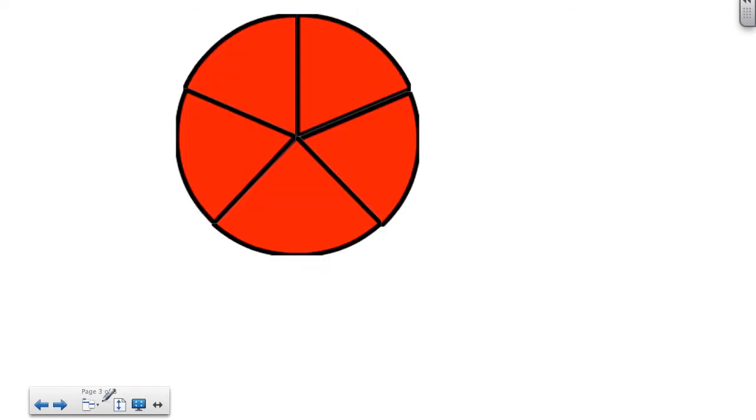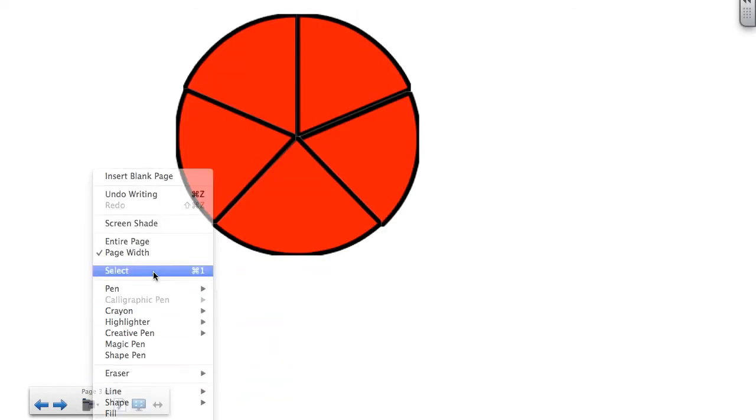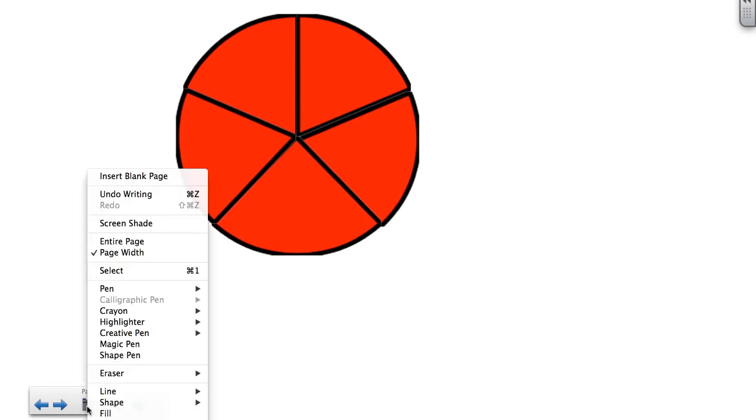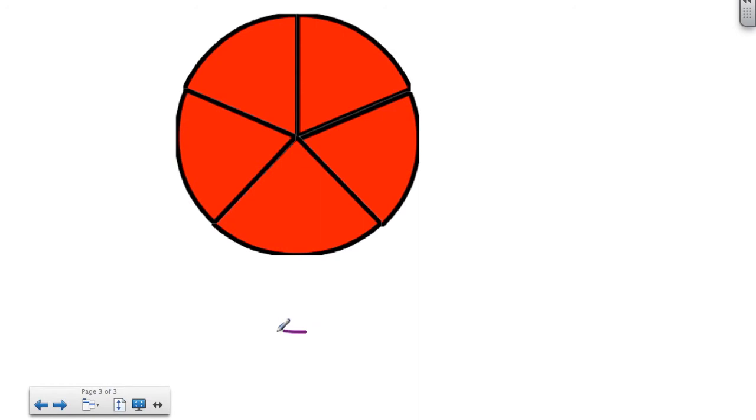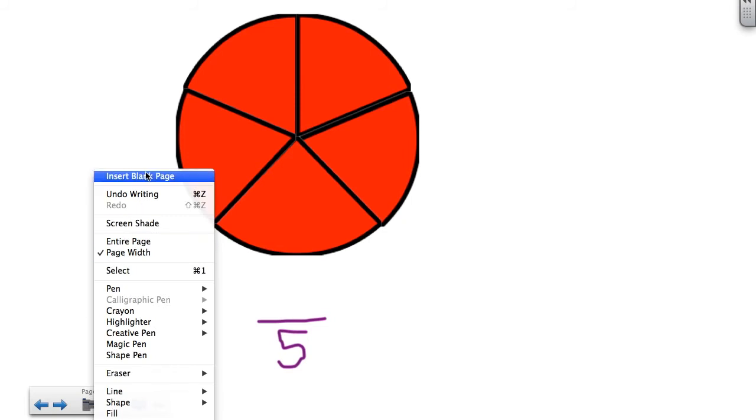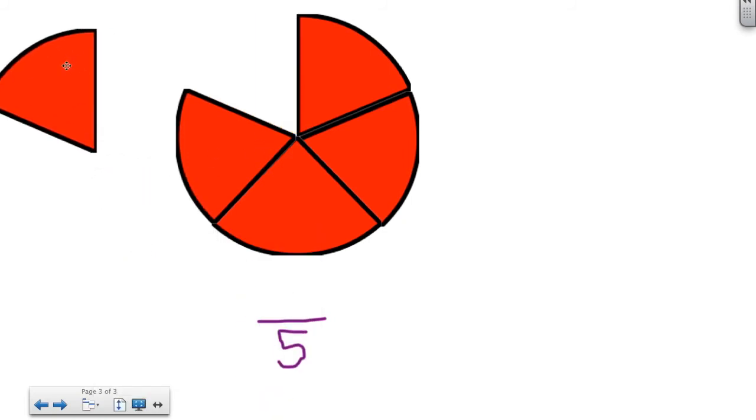Now with our last example, we have a shape that has been divided into 5s. So the denominator, which is the bottom number, is 5. So it's how many pieces out of 5 that you're working with. So if I take 1 away, it's 4/5.